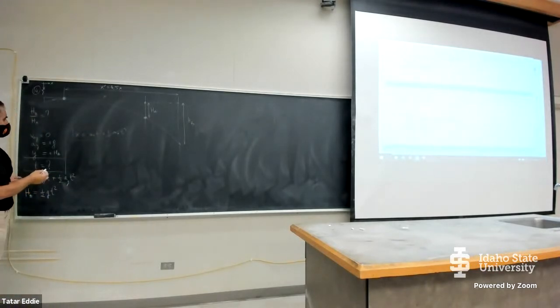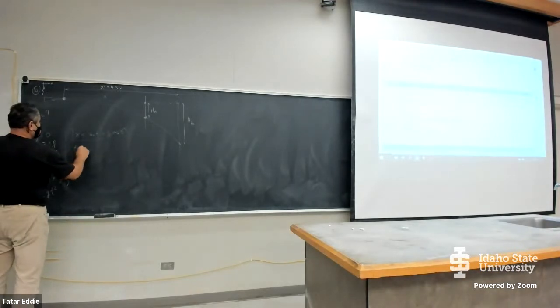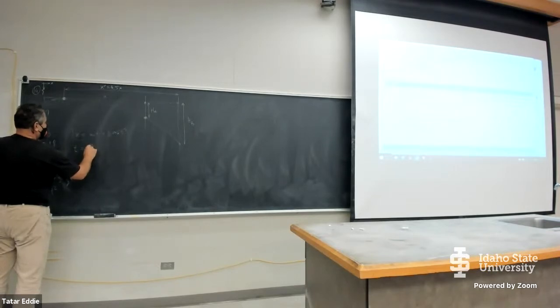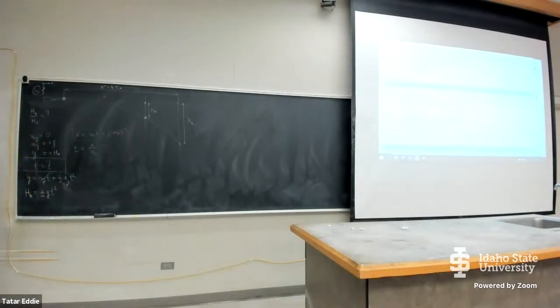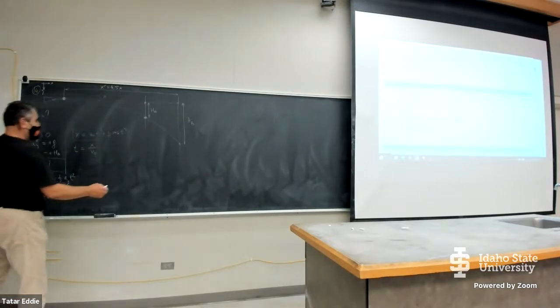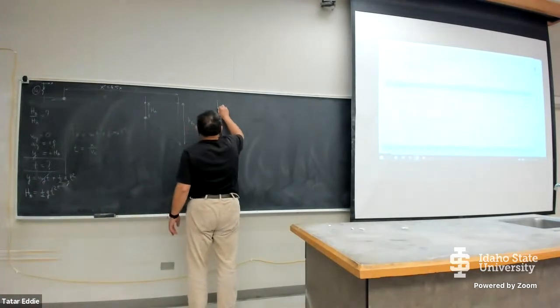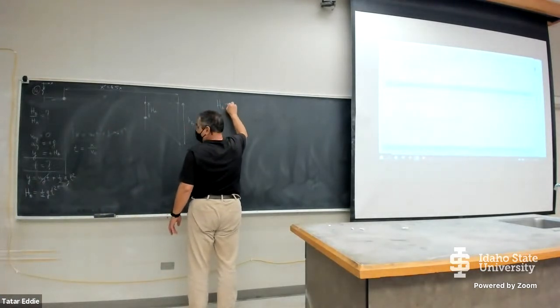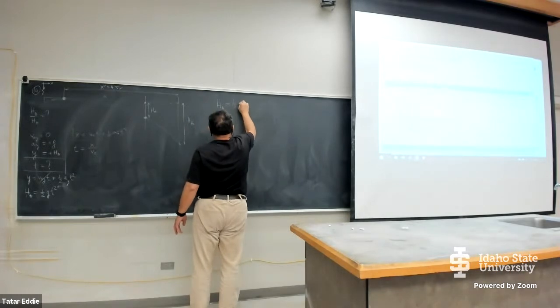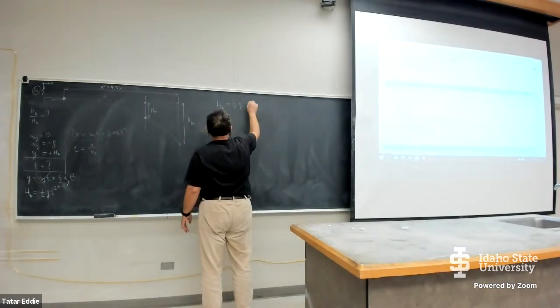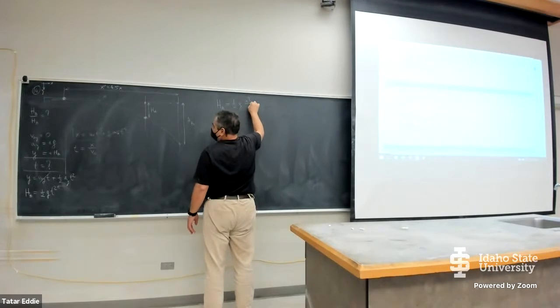I can say here that time is equal to distance divided by the launch velocity, which is the x component, some unknown velocity. I can substitute this expression here, and I'm going to have that HA is equal to 1/2 g, and instead of time squared, I'll write x squared divided by v naught squared.